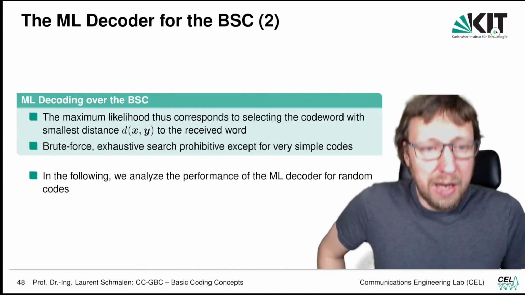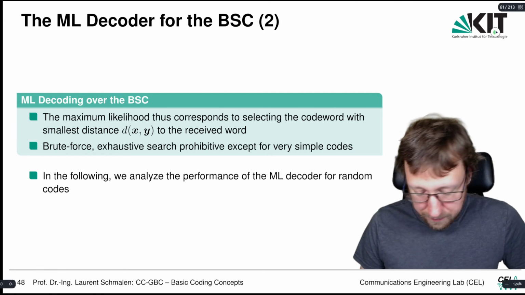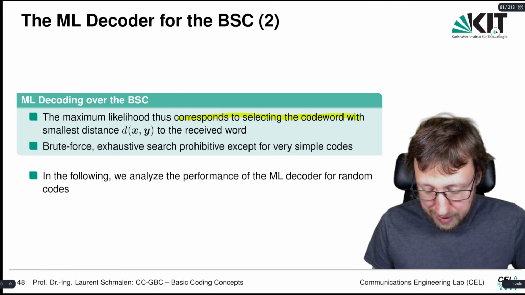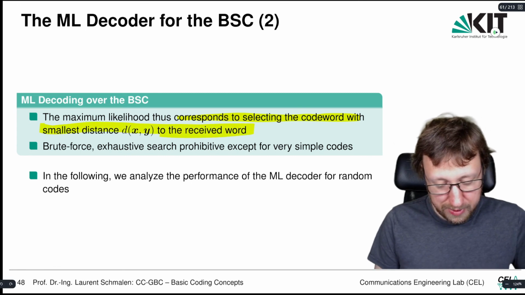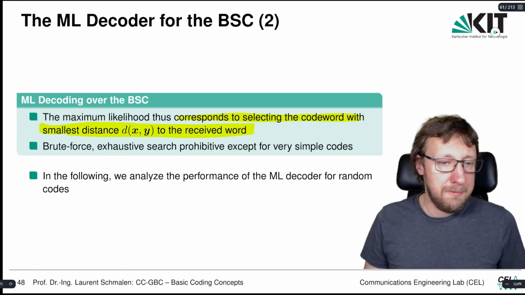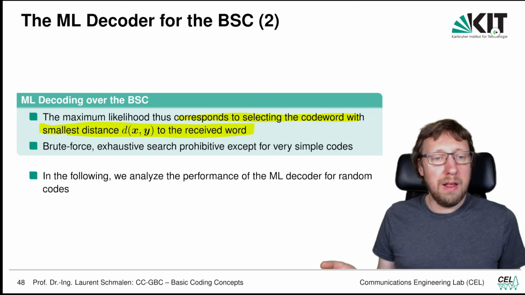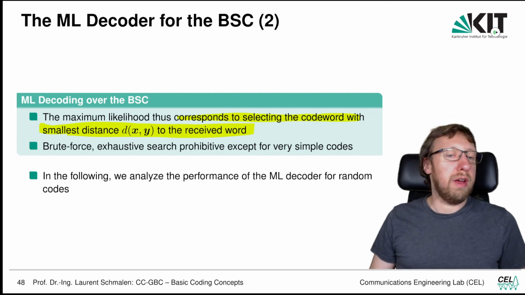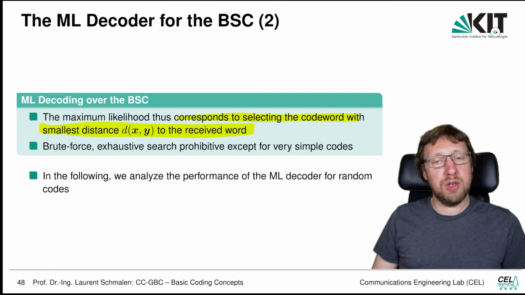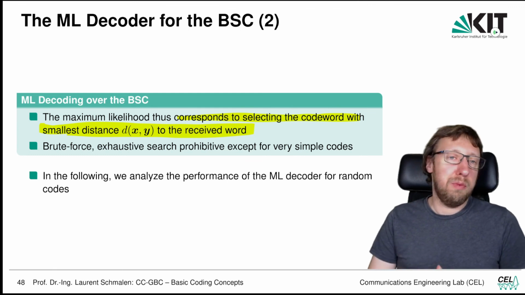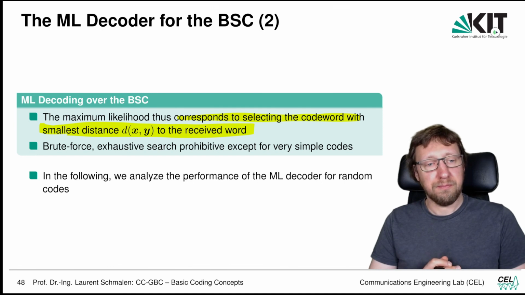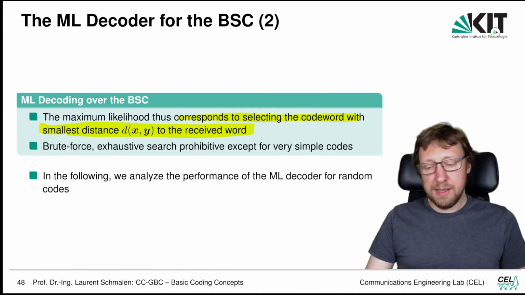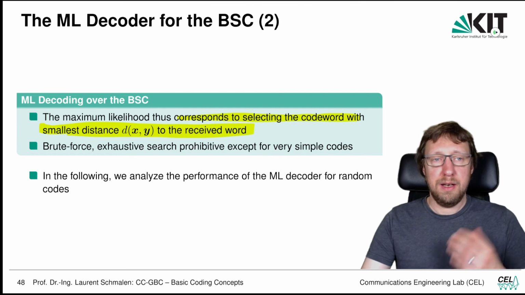So to summarize, the maximum likelihood decoder corresponds to selecting the code word with the smallest distance to the received word. Again, it is unfeasible because we need to carry out a brute force search over all possible codes. So it's only feasible for very simple codes. So this already summarizes the decoders.